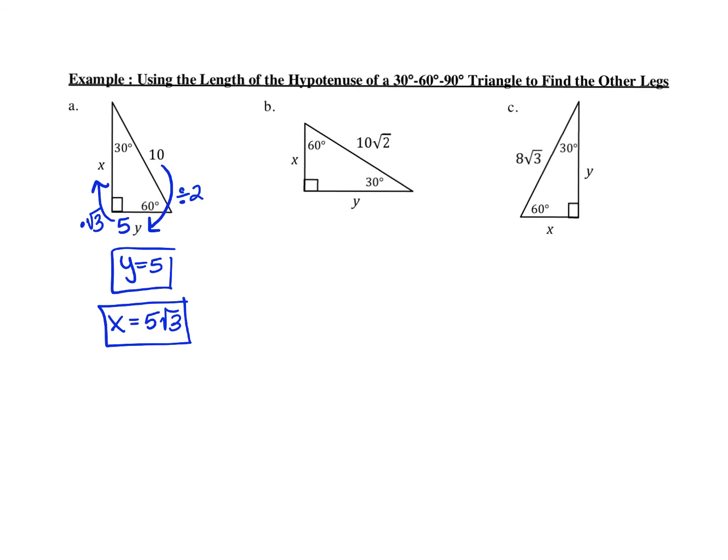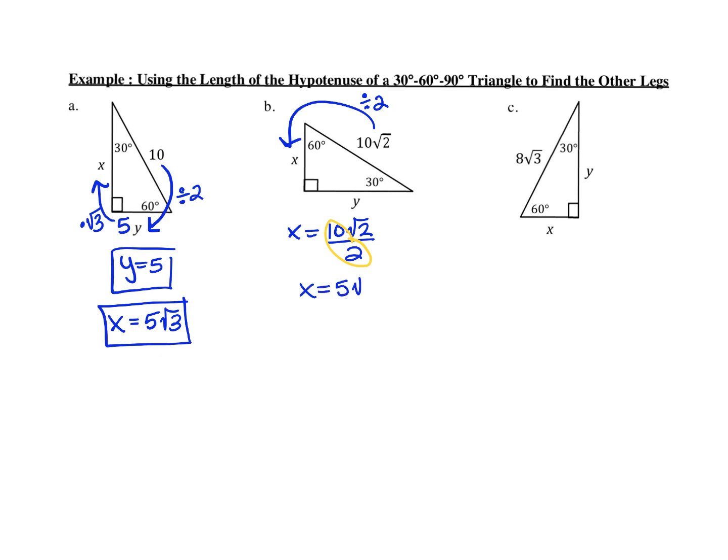So for letter B, remember we want to try and find the short side first. And so this time our short side is x. So if I have the hypotenuse and I want to go to the short side, we are going to divide by 2. So x is equal to 10 root 2 divided by 2. You are going to simplify the 10 divided by 2, which is 5.